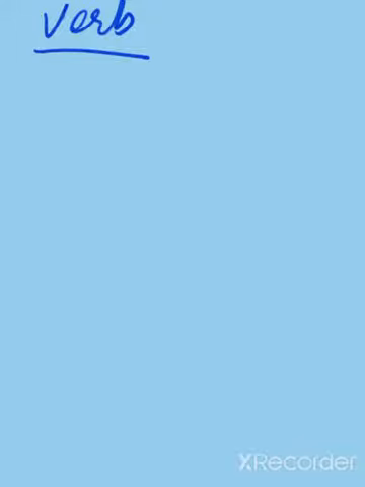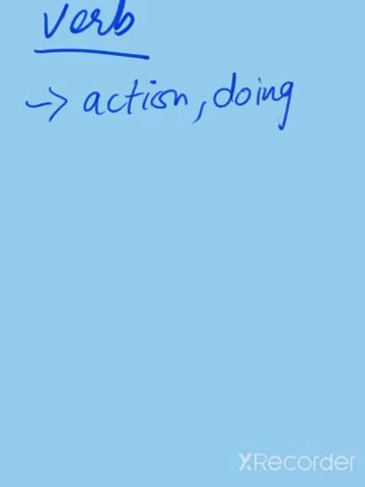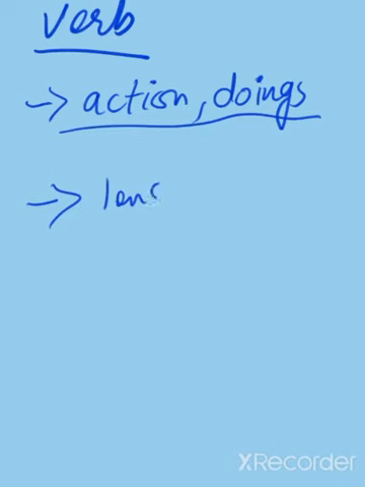Verbs are those words that tell us about the action. Action words or doing words are called verbs, right? Verb defines the tense. Tense means time.